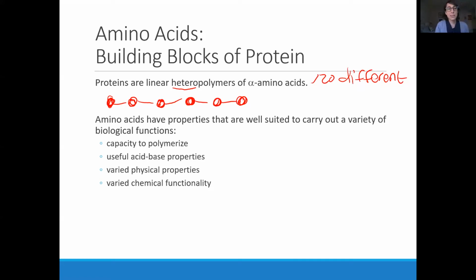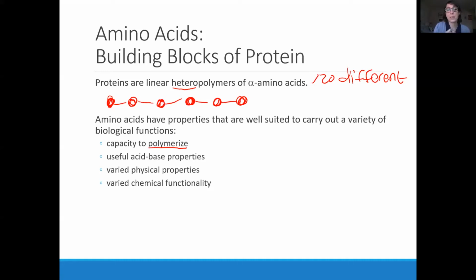Now, amino acids themselves also play an important role in biology. So we're first going to focus on them singularly, because though they are very important for making up proteins and the structure of proteins, they also have their own unique properties. So, of course, they have the ability to polymerize, which is important for making proteins, but they also have useful acid-base properties.